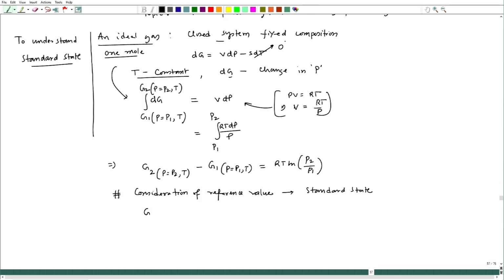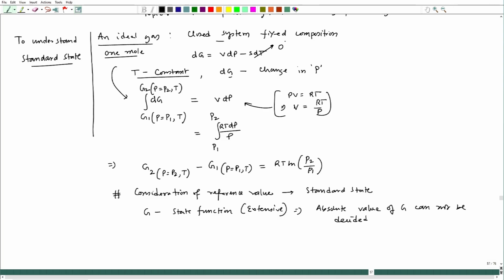G is a state function and of course an extensive quantity, and interestingly the absolute value of G is not available. G cannot be decided.